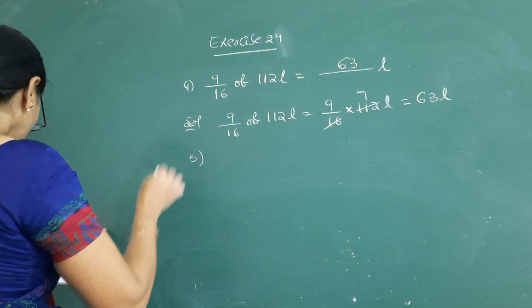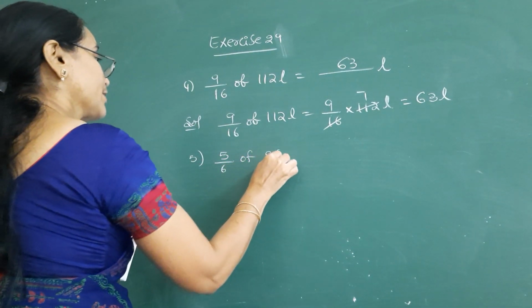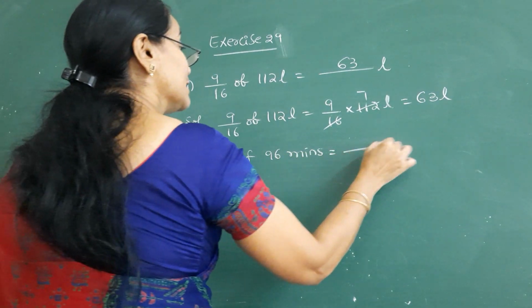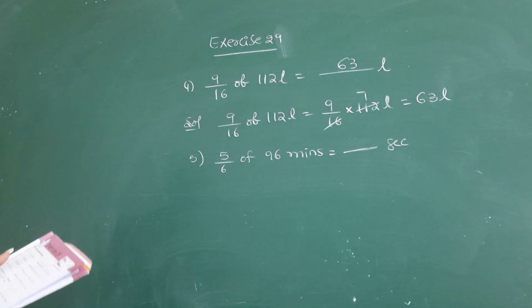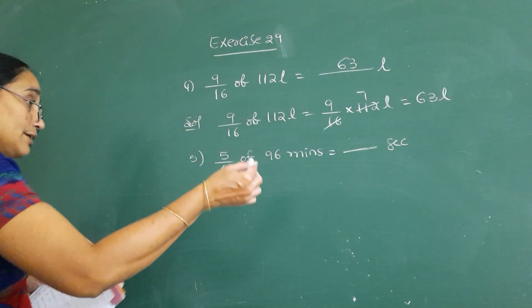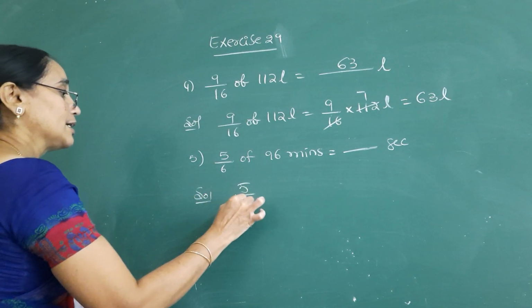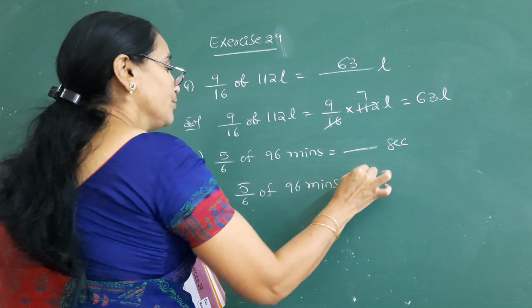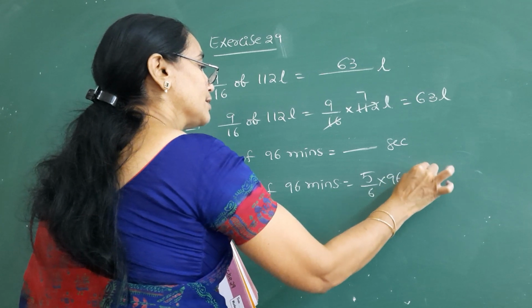See the fifth question. 5 by 6 of 96 minutes. The question is in seconds. So I have to write 5 by 6 of 96 minutes is equal to 5 by 6 into 96 minutes.